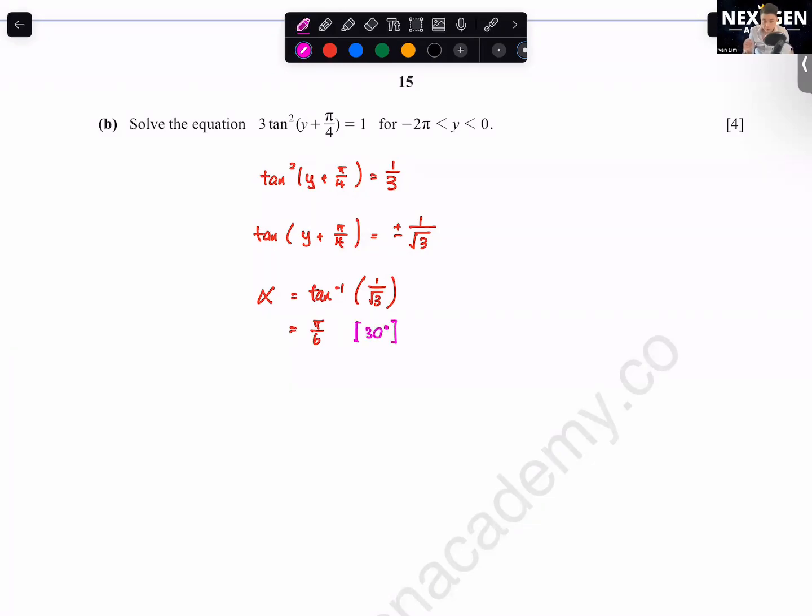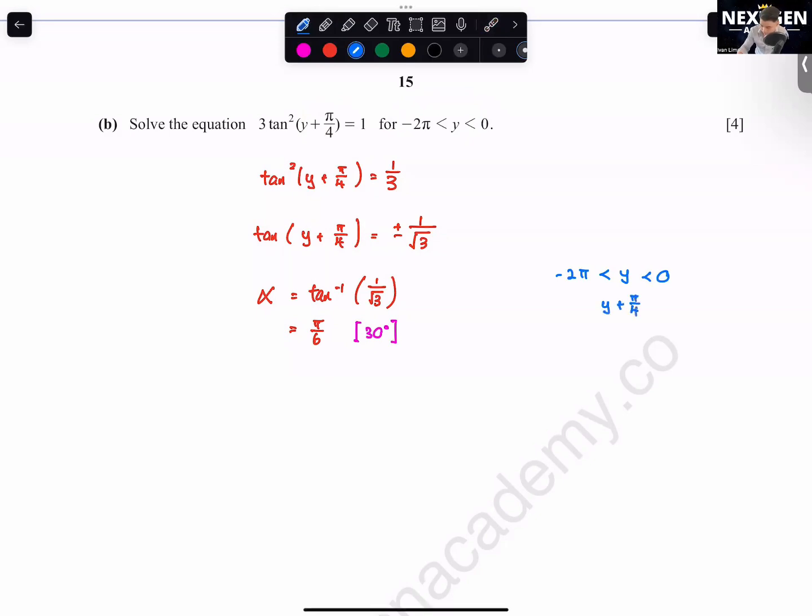Okay, why I'll explain in 30 degrees? Because you all can probably process degrees better. Same for me also. How do I consider the domain here? Why did they give us this angle, right? Like so weird, right? Negative 2 pi to 0. So that means we have to follow this domain over here. Okay, so negative 2 pi to 0. But the one that they want to solve is y plus pi over 4.